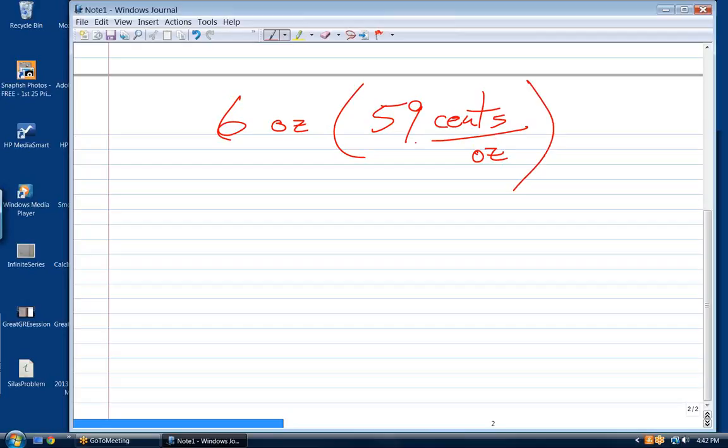Per means division, means the division sign. So you get rid of the ounces, and then you do 6 times 0.59, since it's $0.59, and you get $3.52.